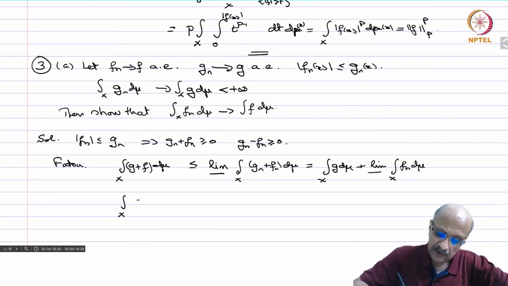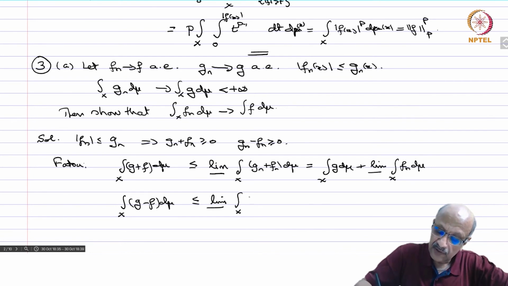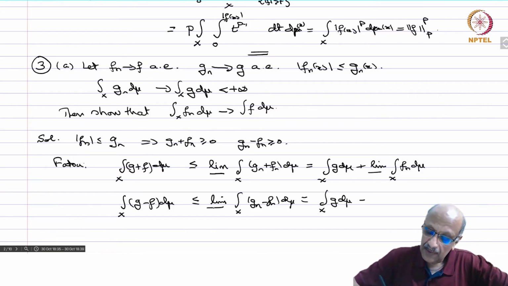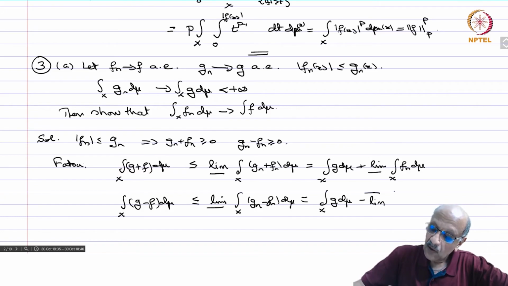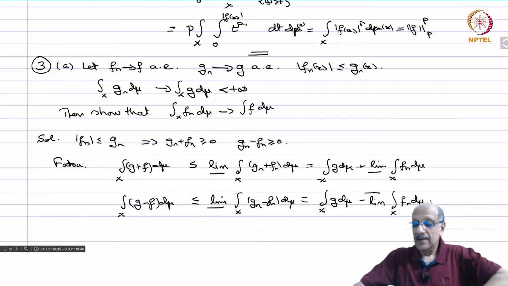Similarly, the integral over x of g minus f d mu is less than or equal to lim inf of the integral over x of gn minus fn d mu, and again gn converges, so this is equal to the integral of g d mu minus lim sup, lim inf becomes lim sup, of the integral over x of fn d mu.